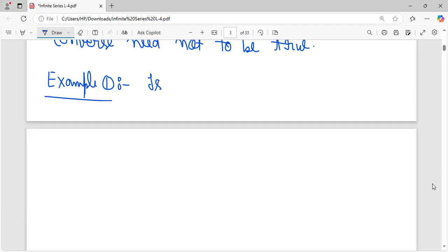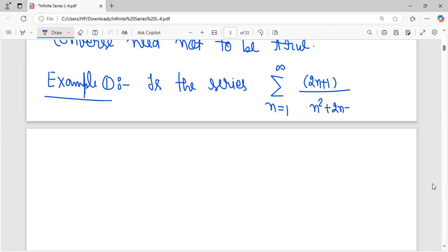Is the series summation n goes from 1 to infinity (2n plus 1) upon (n square plus 2n plus 1) convergent? Okay. Solution.